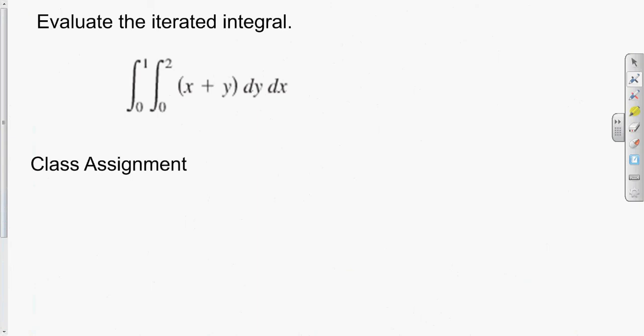The magic number for this problem is 3. Come up with 3. Got it? 3. Good job. If we can get 3, man, we're cooking with propane.